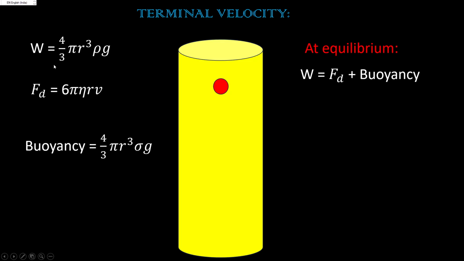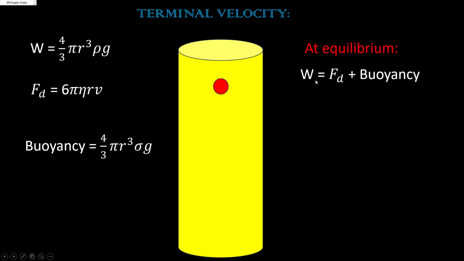If r is the radius of this ball, sigma is the density of this fluid and rho is the density of this ball, then the weight of this ball is 4/3 pi r cube rho g, the Stokes force is Fd equals 6 pi eta r v, where v is the velocity with which the ball is moving, and the buoyancy is 4/3 pi r cube sigma g.